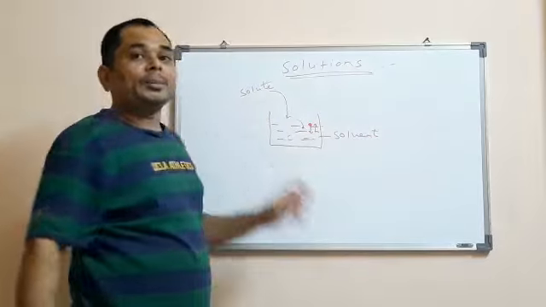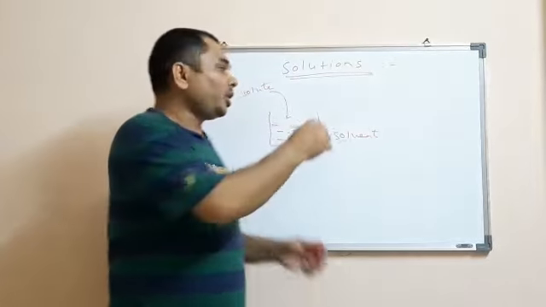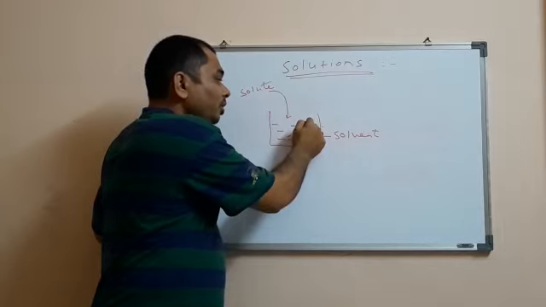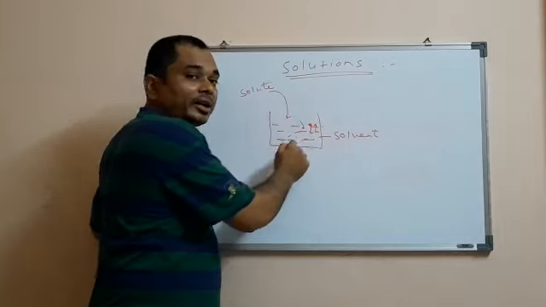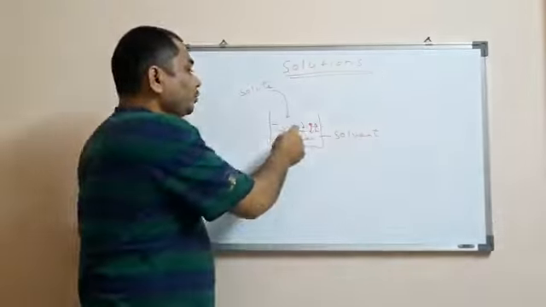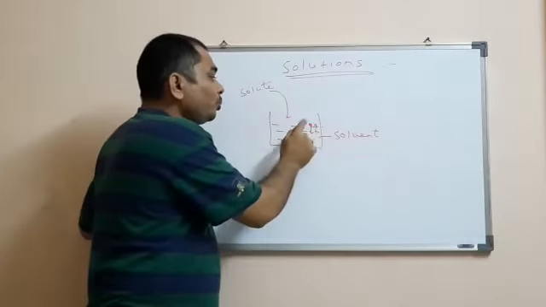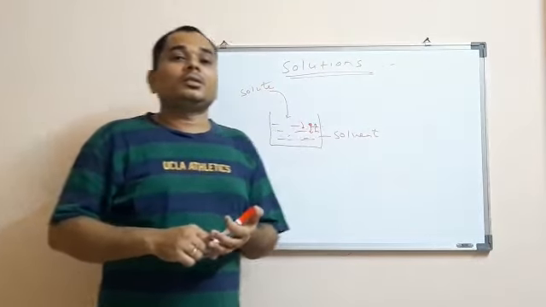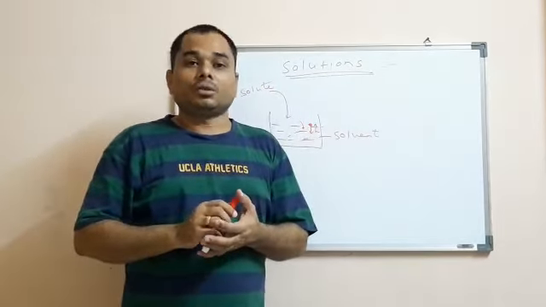What I mean by dynamic equilibrium is that the number of solute molecules which pass from the crystal into the solution is exactly equal to the number of solute molecules that move from the solution to the crystal. This is what we call a saturated solution.